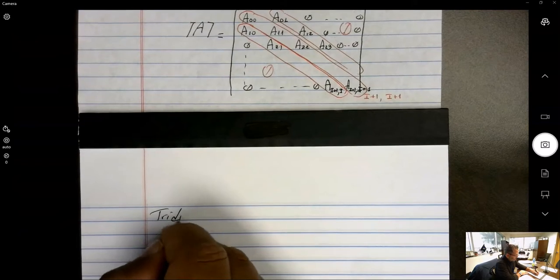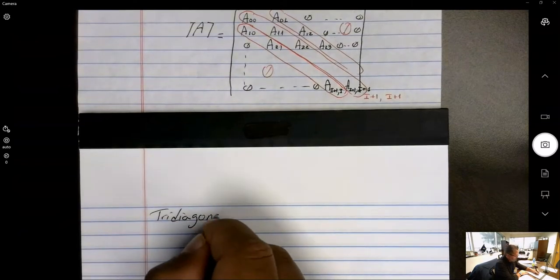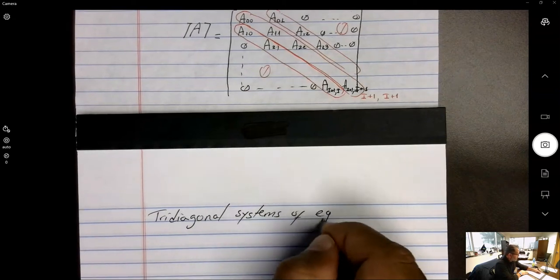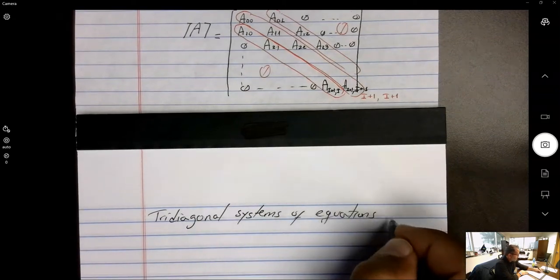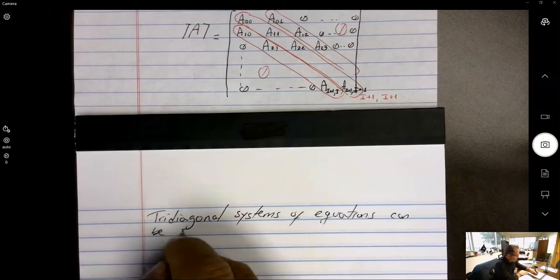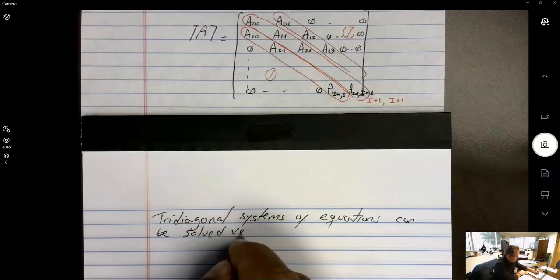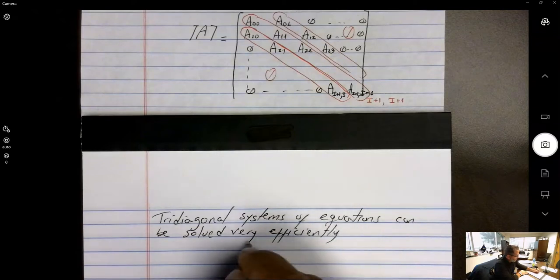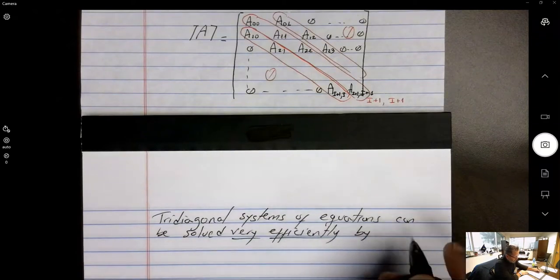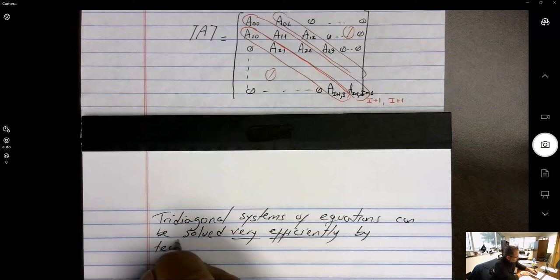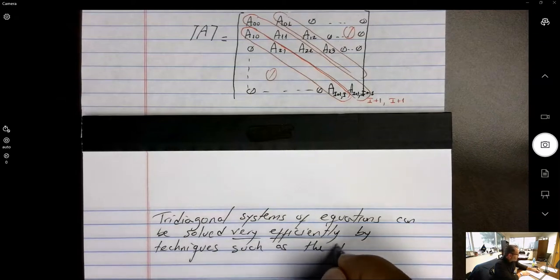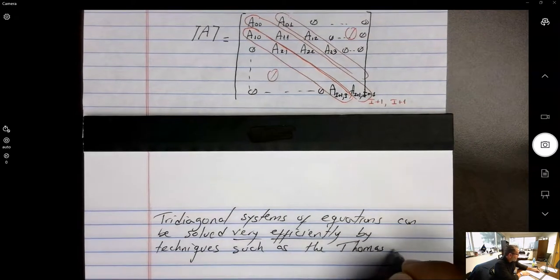Tridiagonal systems of equations can be solved very efficiently by techniques such as, for example, the Thomas algorithm.